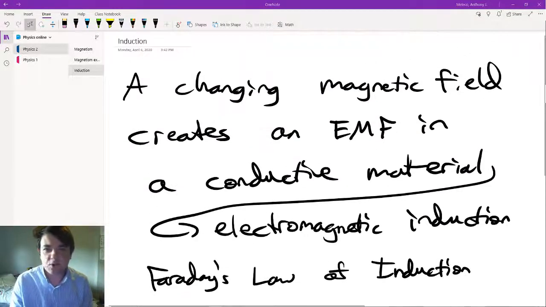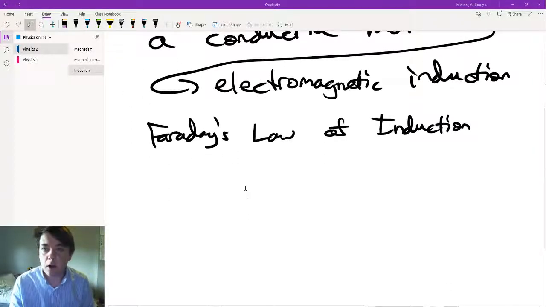Okay, so we've got this process where you have a changing magnetic field creating an EMF in a conductive material. But now, what is that EMF going to do?